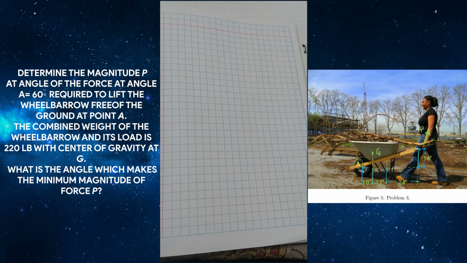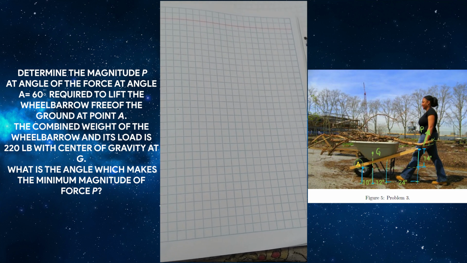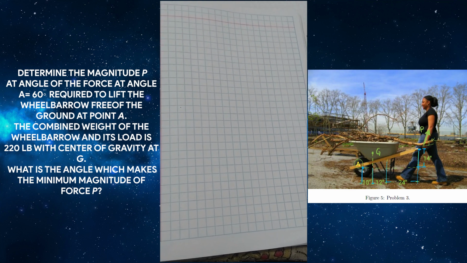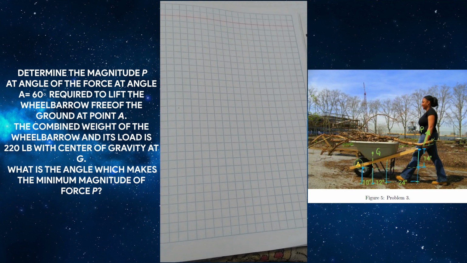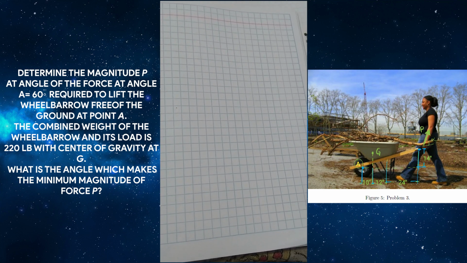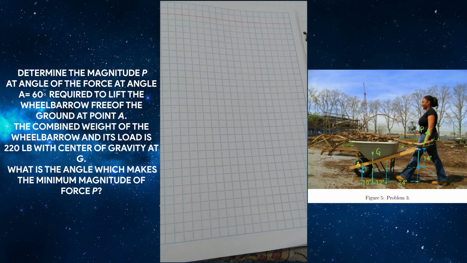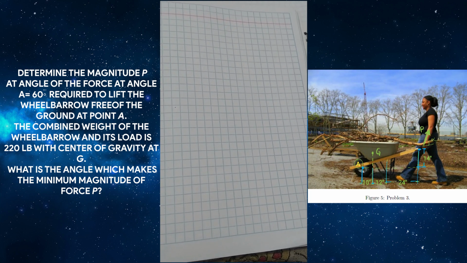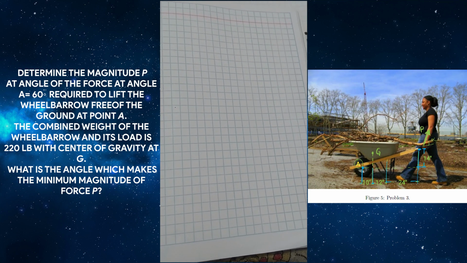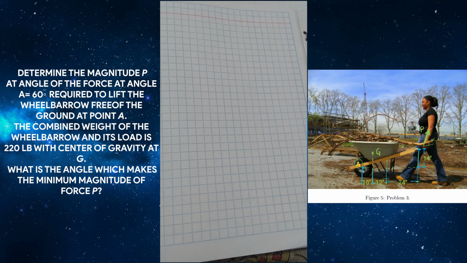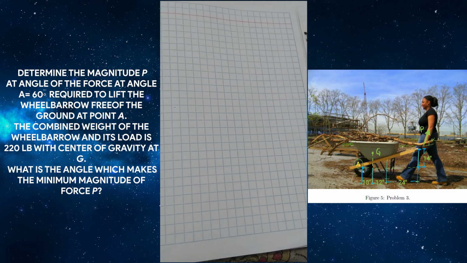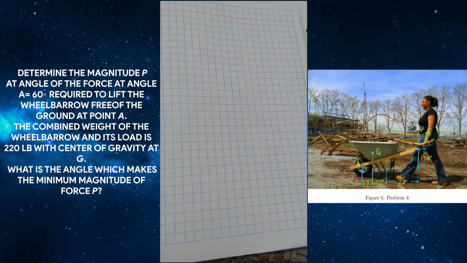We need to solve this problem. It says determine the magnitude P of the force at angle alpha equal to 60 degrees, required to lift the wheelbarrow free of the ground at point A. The combined weight of the wheelbarrow and its load is 220 pounds, with center of gravity at G. And finally, what is the angle which makes the minimum magnitude of force P?